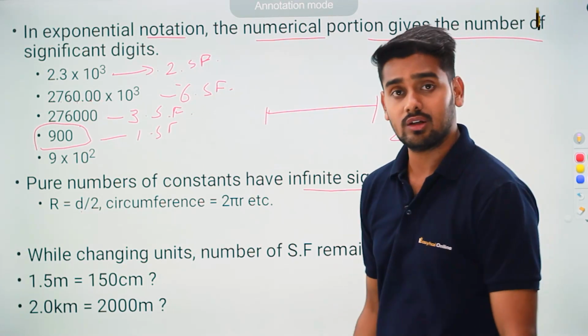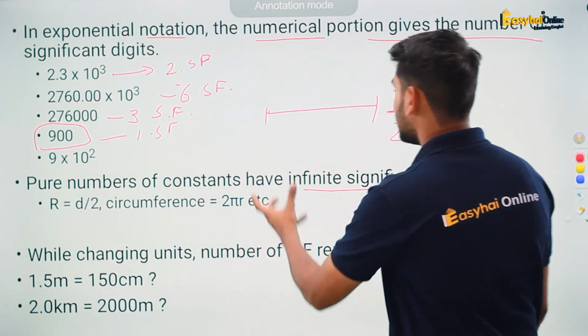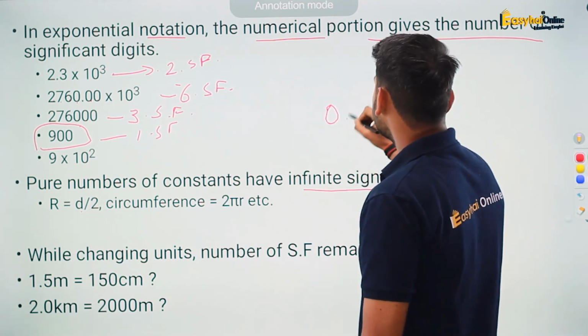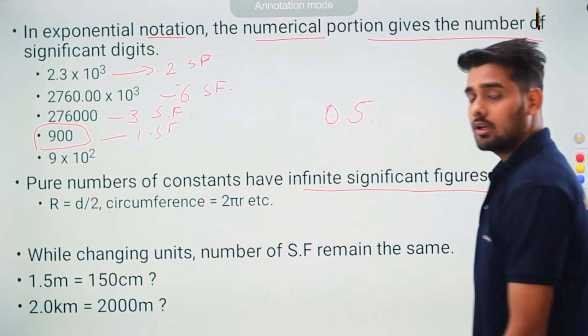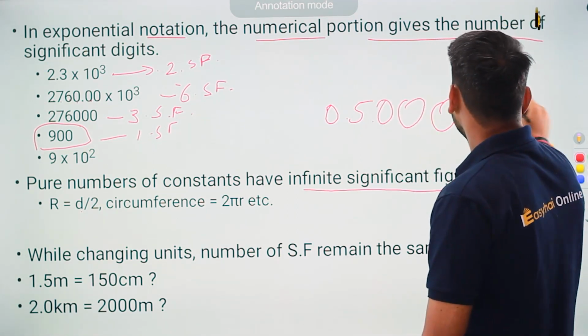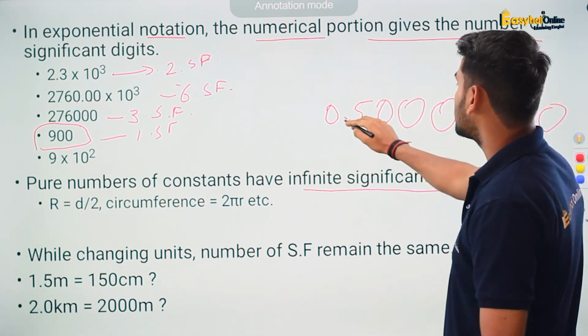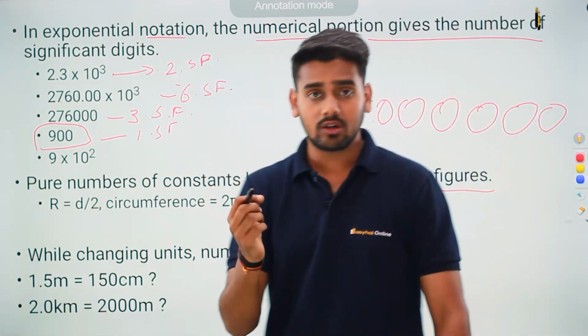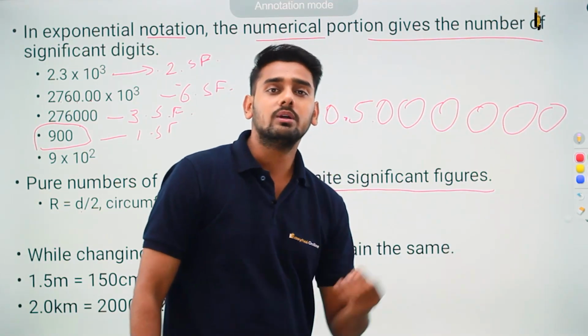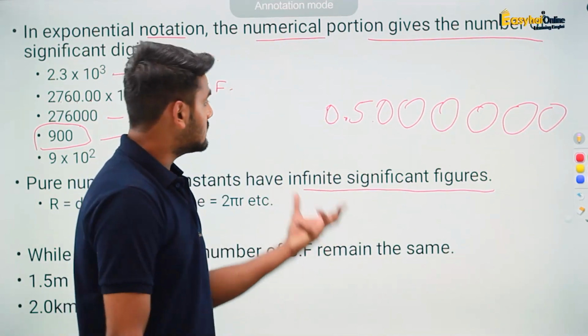Now this half is an absolute value. This is a constant. So for example, half can be written as 0.5. Because this is a constant, I can keep on putting further trailing zeros after the decimal point. And remember the rule, after the decimal point, whatever number of trailing zeros are there, they will be considered as significant figures.